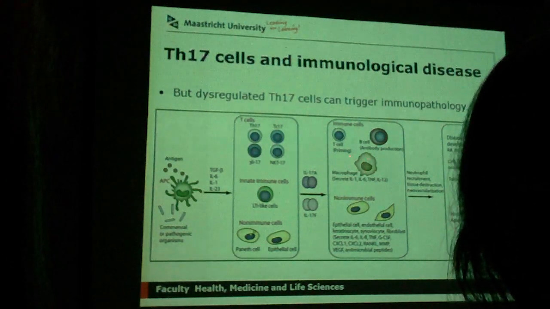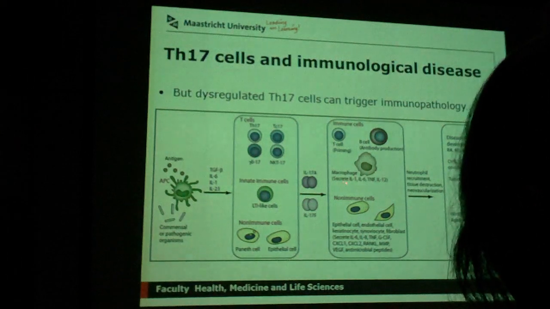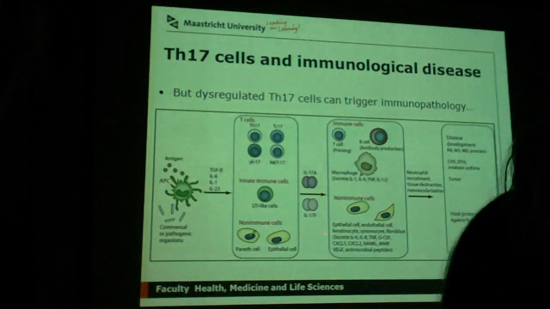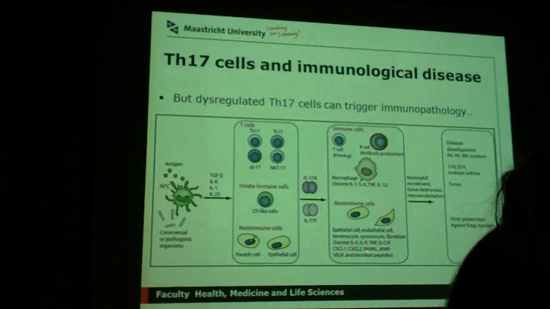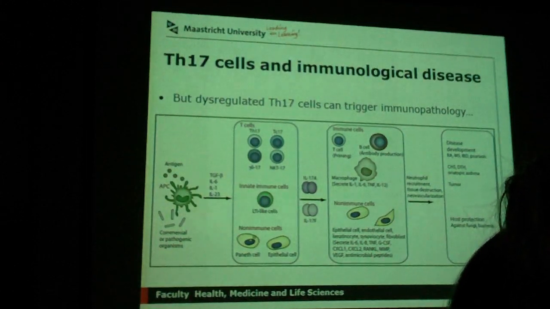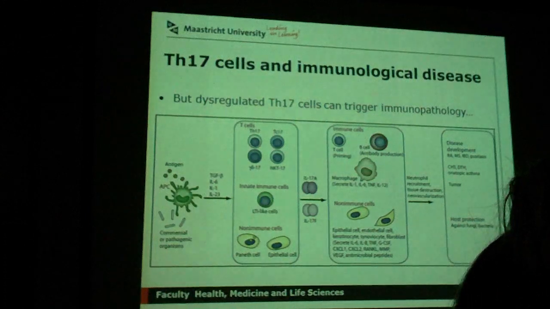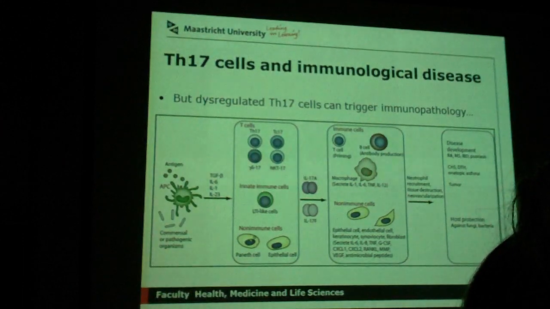And it leads to the production of pro-inflammatory cytokines in these target cells, and also to the expression of, for example, antimicrobial peptides by epithelial cells. And that's, of course, important in these barrier surfaces to prevent that you get infected with a pathogen.